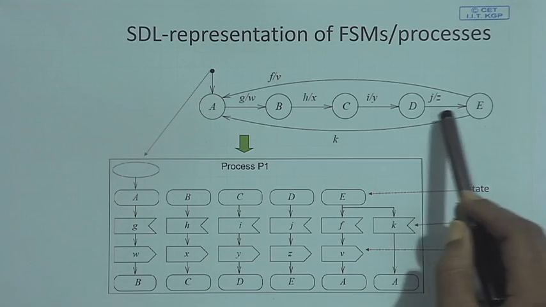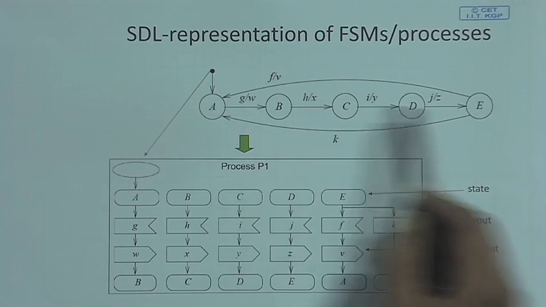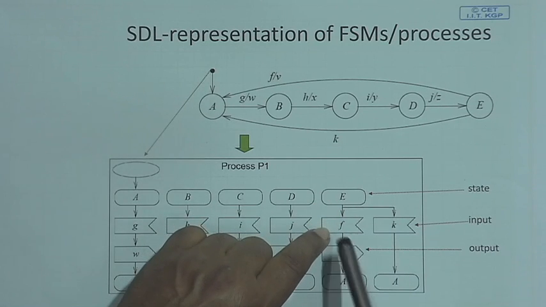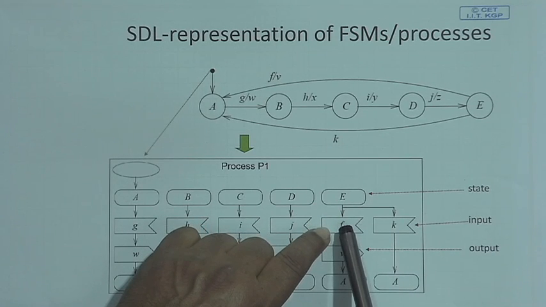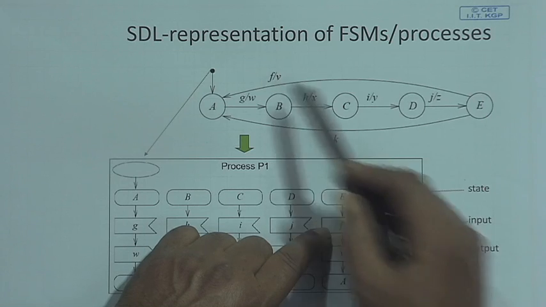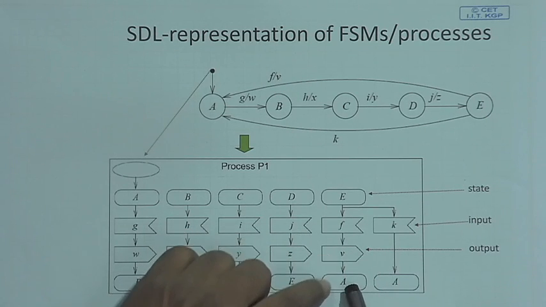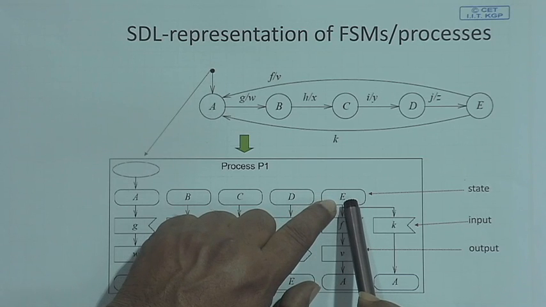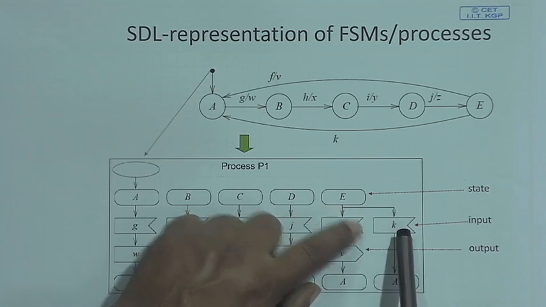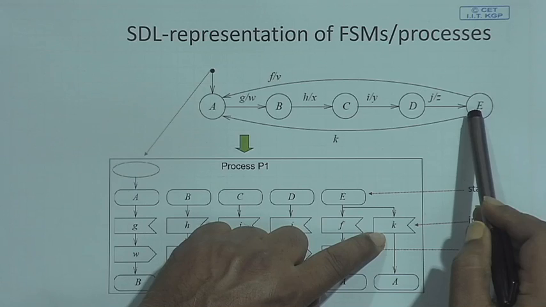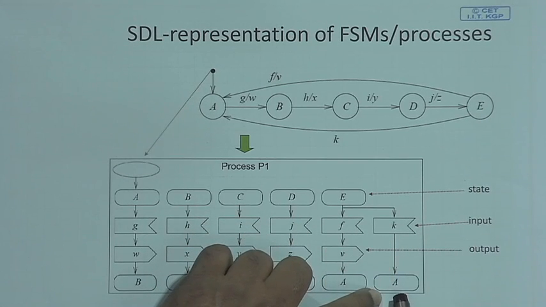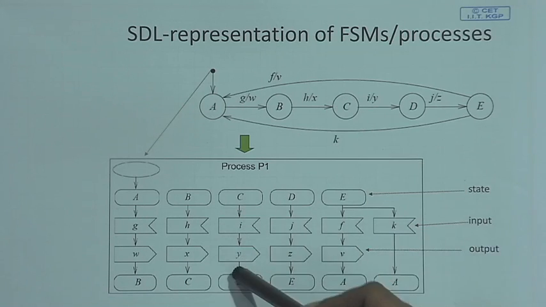From E, you can see that I have got two edges. So, from E on event F, I produce output V and come back to A, and from state E on event K, I do not produce any output and come back to A. So, this is the translation.